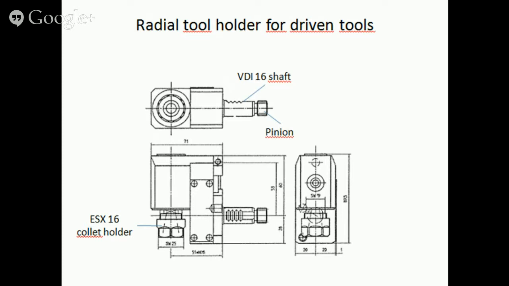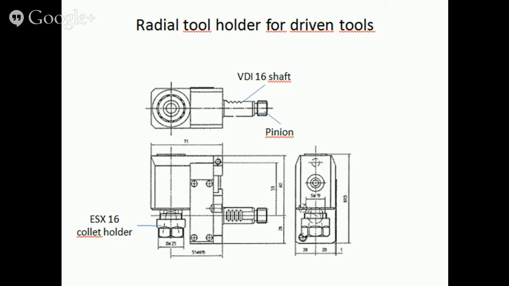This is a radial tool holder for driven tools. The shaft is VDI 16 also. The pinion engages to a gear in the tool turret, and power is transmitted to the collet holder by a bevel gear drive. EXS16 collets are also used here.